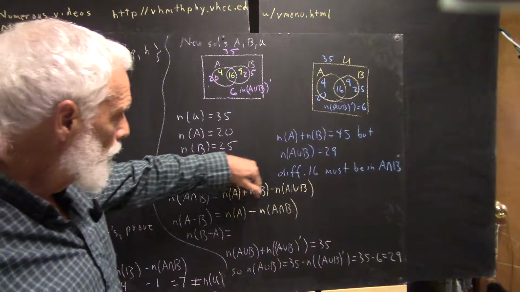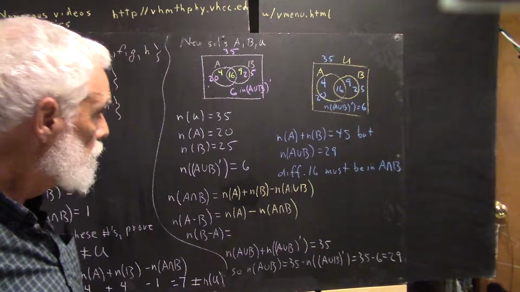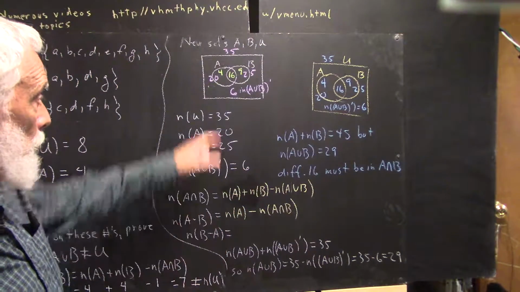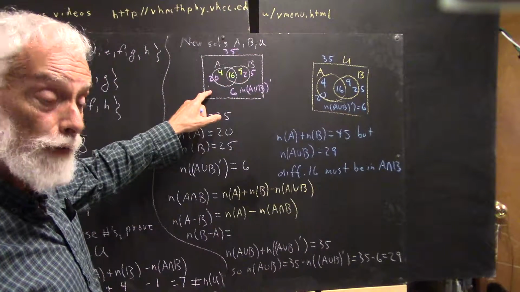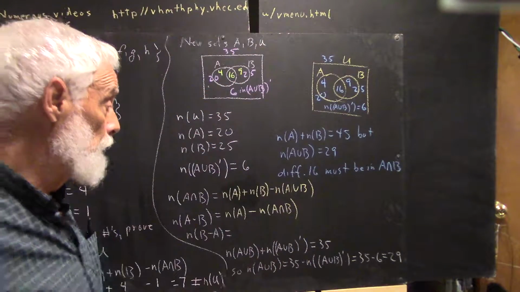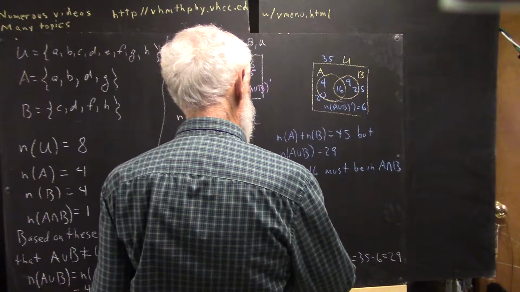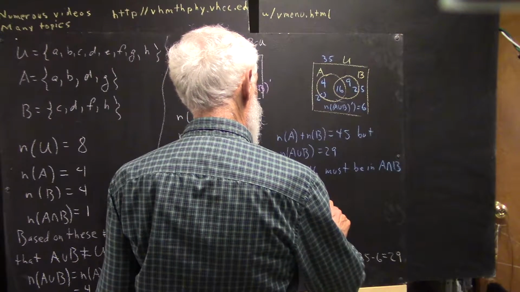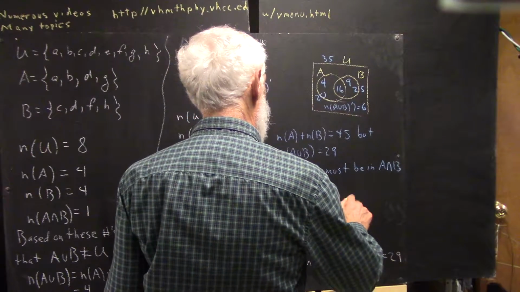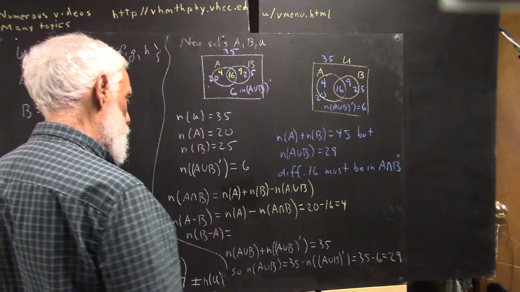So it can't be number in A minus number in B. In this case, that would be really bad because you got more in B than you have in A. It's a number in A minus a number in A intersection B, which is then 20 minus 16, or 4. Of course, that confirms what we have up here.